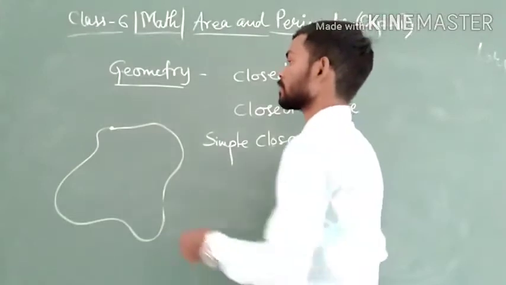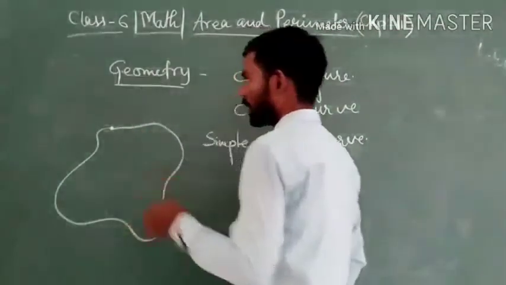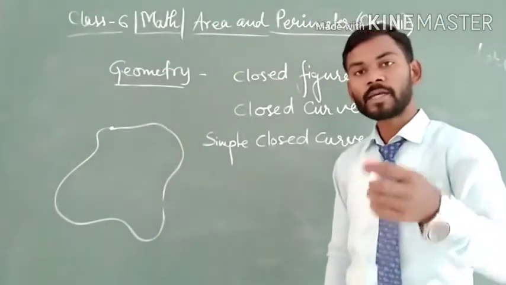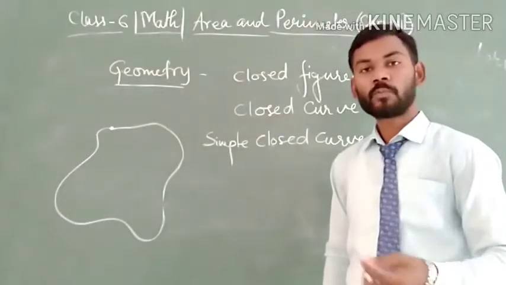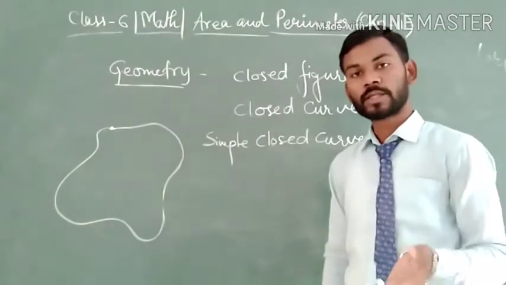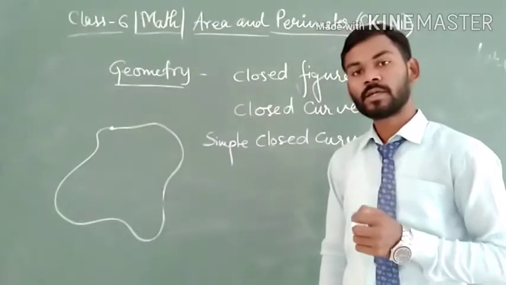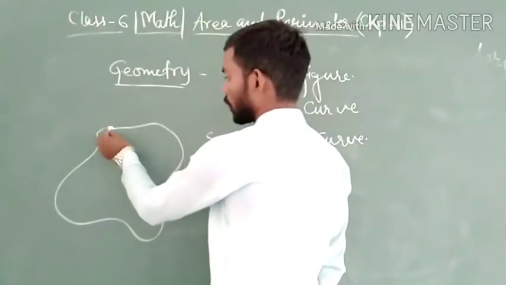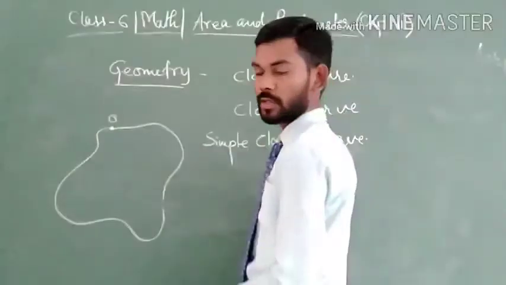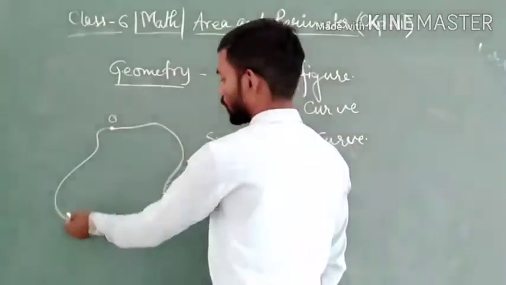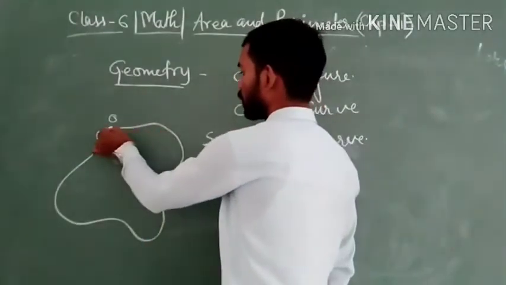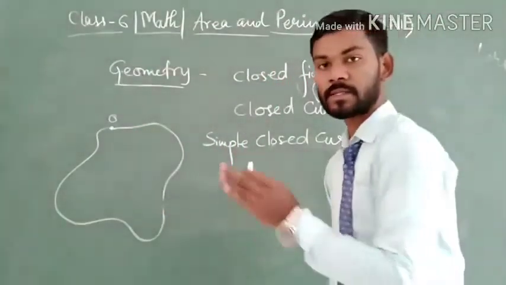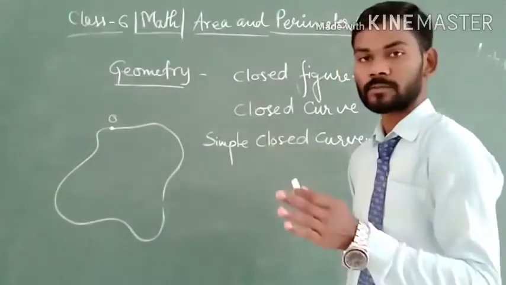And here we can also say that whenever a point moves, the locus of the point is called a curve. Suppose the name of the point is O, and if this point is moved in this manner, then it forms its locus, and this locus is called a curve.